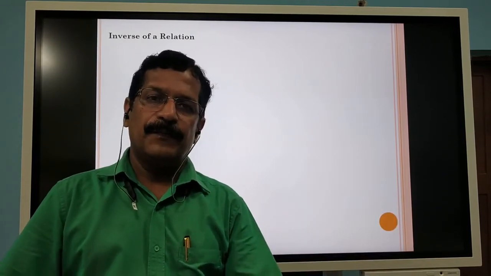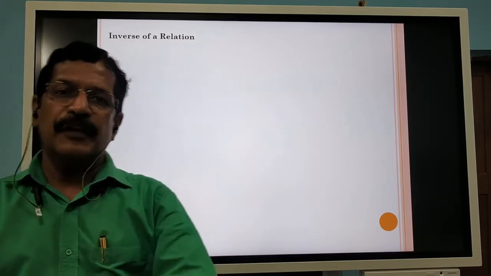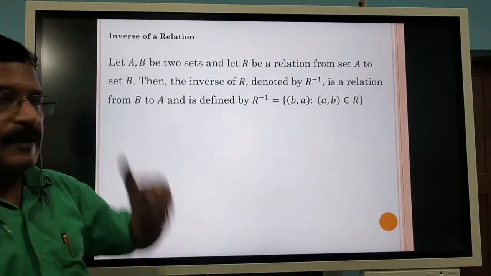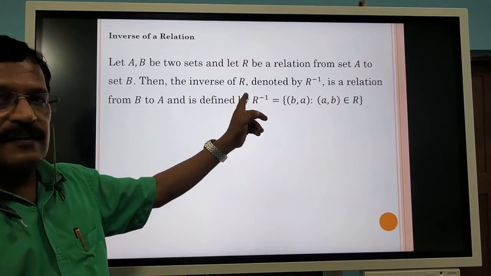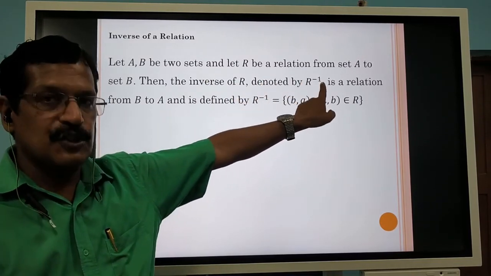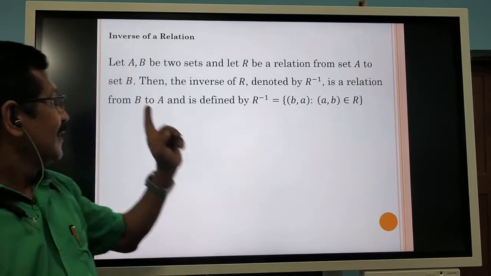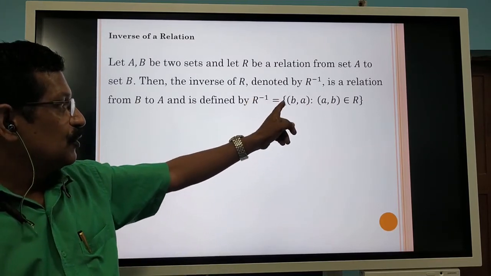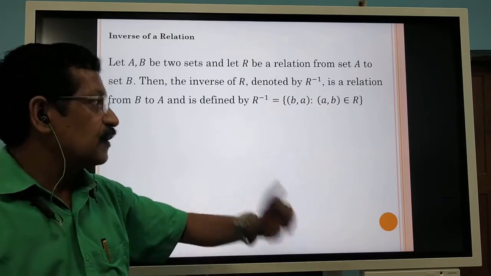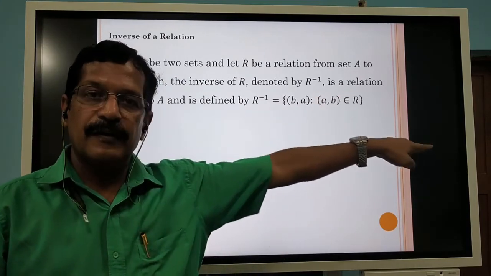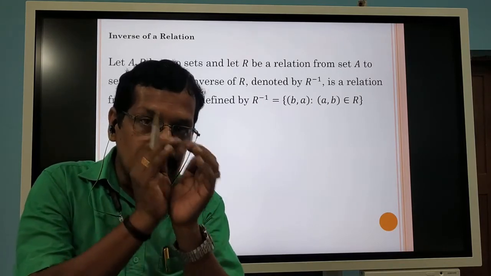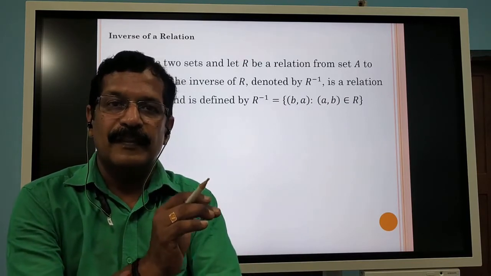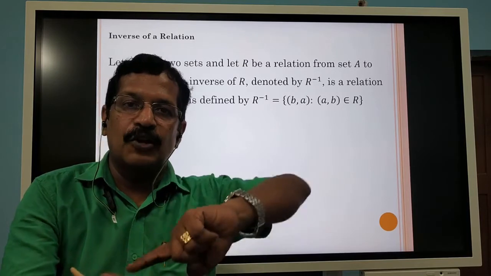Let R be a relation from set A to set B. Then the inverse of R, denoted by R inverse, is a relation from B to A and is defined by R inverse equals the set of all ordered pairs (b, a) such that (a, b) belongs to R. So, write the ordered pairs belonging to R in reverse order, that is, the first component becomes the second component and the second becomes the first.